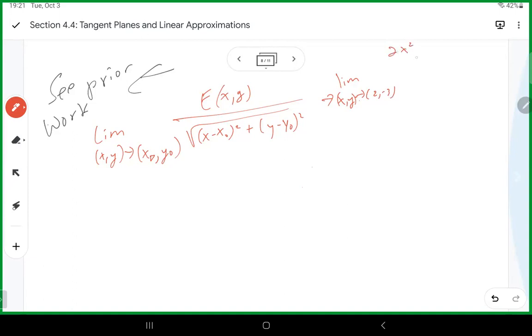Two x squared minus 8x plus 8 over the square root of x minus 2 squared plus y plus 3 squared.